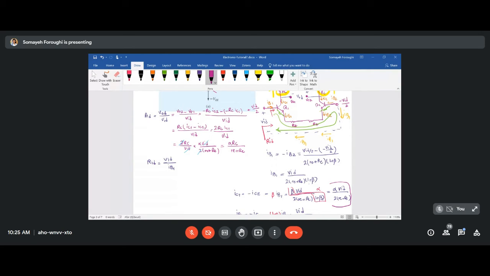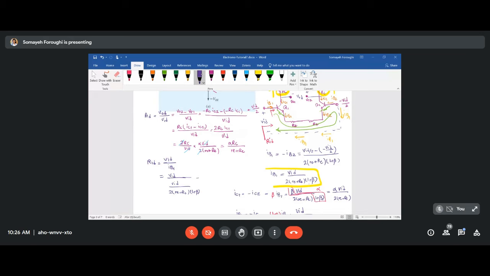So after finding this, our only job is to find the input resistance from the base of Q1. So let me go ahead and replace everything. VID is the same as VID. Instead of IB1, I'm going to replace it by this. So that will be VID over 2 times this.